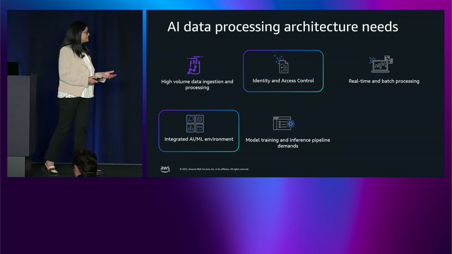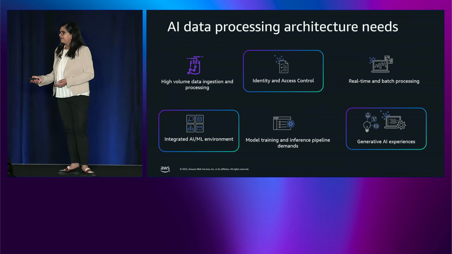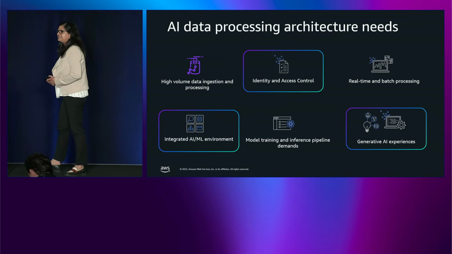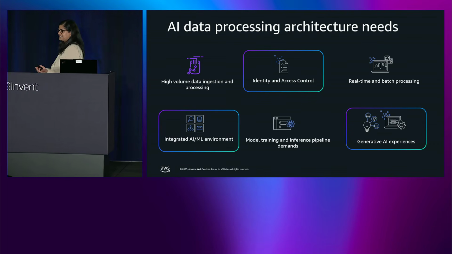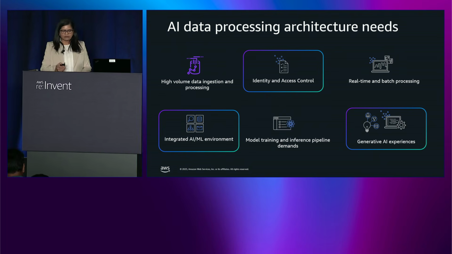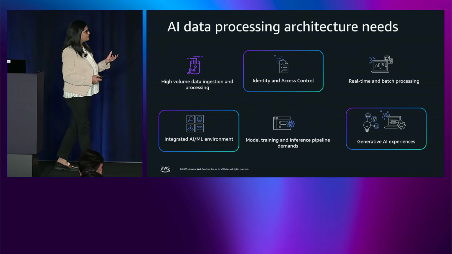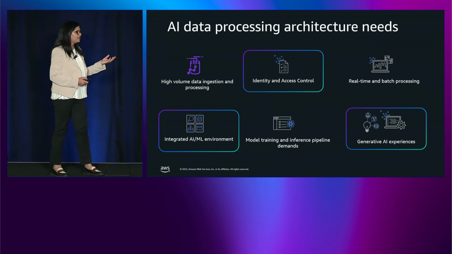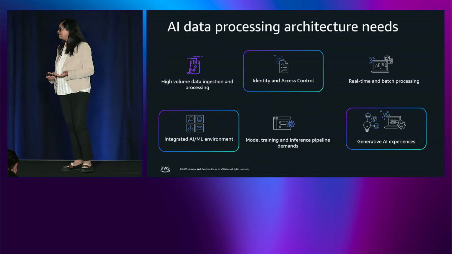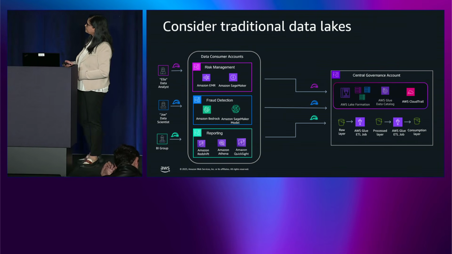You want low-latency serving through your inference pipelines, and so on. And lastly, you also want to build GenAI experiences into the applications that you're building, right? So when we talk to customers, the top three from this list are identity and access control, the integrated AI/ML environment, and the building of generative AI experiences.